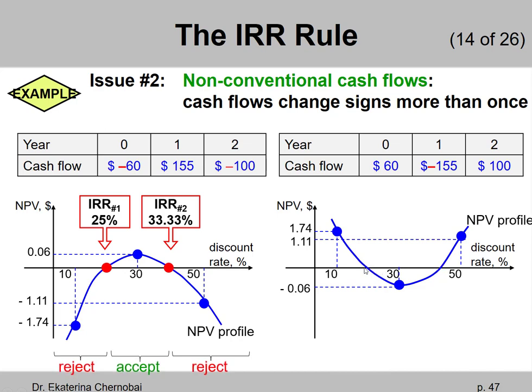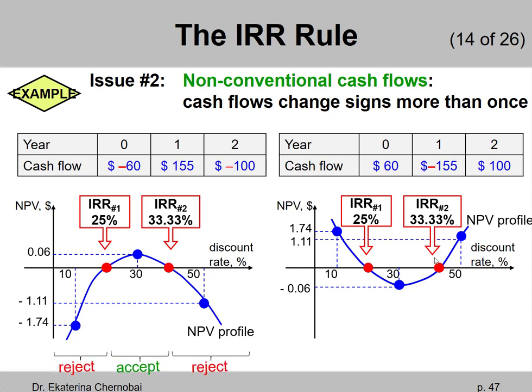So once again, there are 2 IRRs, and they happen to be, again, which is not a coincidence, the same 25% and 33.33%, like with the first example on this slide. The only thing that changed is the entire NPV profile, the NPV line, is now flipped upside down. Now it goes down and then back up, rather than up and then down.